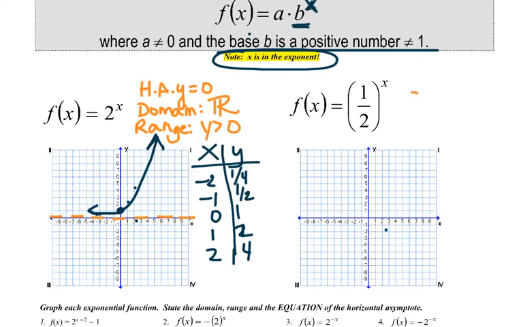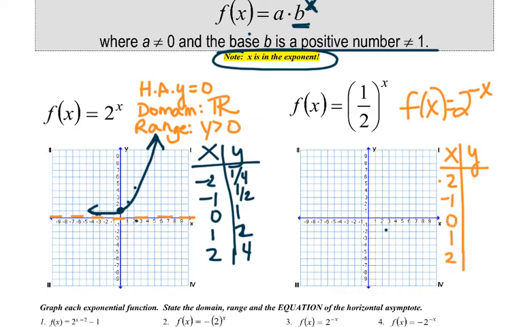1/2 to the x, I'd like to point out, is the same as 2 to the negative x. Why? Because 1/2 is the same thing as 2 to the negative 1. And if I do a little chart for this one, 1/2 to the negative 2 power, think about that for a second, that's 4, and 2, and 1, and 1/2, and 1/4.